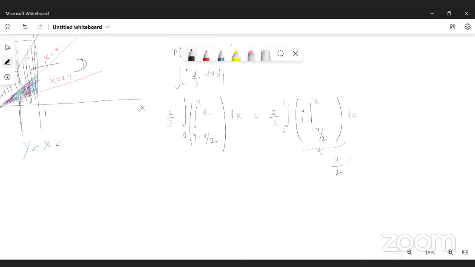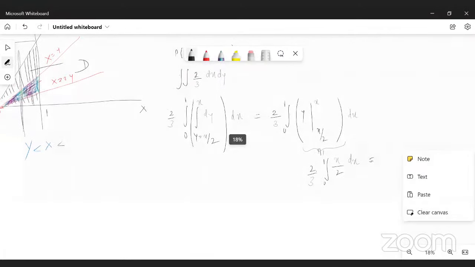So I will have to integrate this over the region 0 to 1. What is the integration of x by 2? It's x square upon 2, that is x dx, so x square by 2.